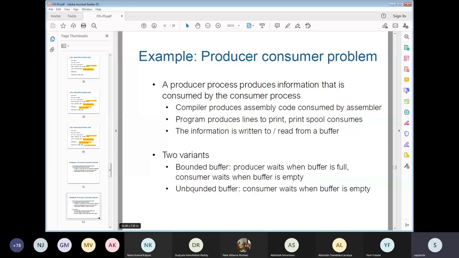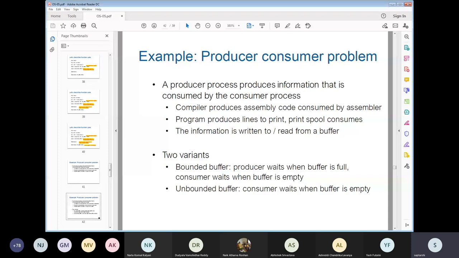In an unbounded buffer, the consumer waits only when the buffer is empty. There is no question of the producer waiting because the buffer is unbounded. That is a very imaginary scenario. Usually computer memories can be very large, but still they have some bound. But yeah, there are these two variants of this problem.